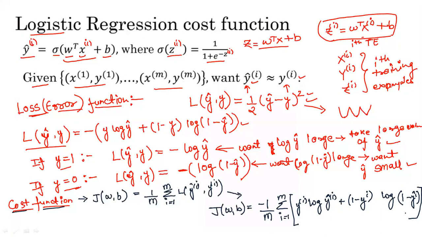So this is basically the equation which would define the cost function for us, and this equation would basically help us to achieve the optimal values of the parameters w and b.